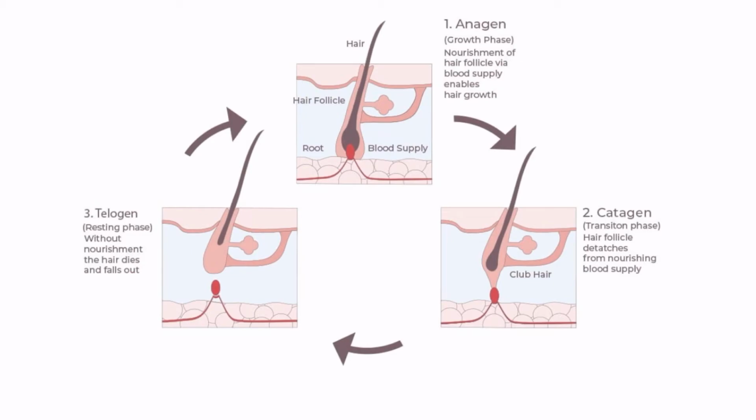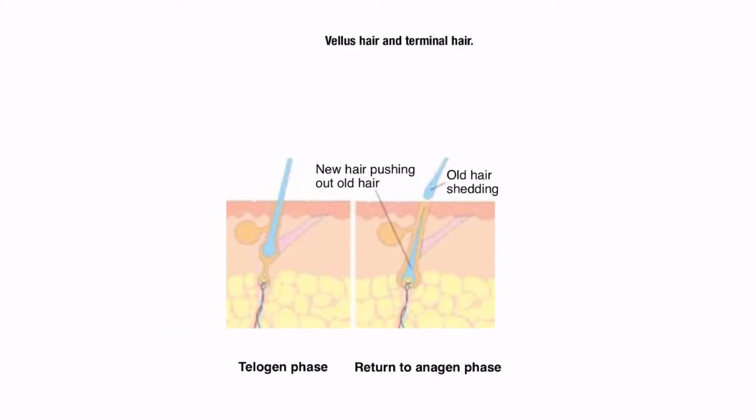Your anagen phase is your growing phase, catagen is the transition phase, and telogen is the resting phase. And here's a really good visual of vellus hair and terminal hair, where the new hair is pushing out the old hair, and the old hair is shedding and returning to the anagen phase.